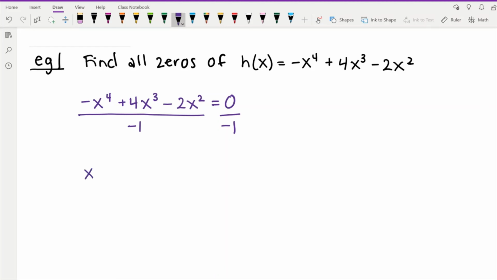And so once we do that, we're left with x to the fourth minus 4x cubed plus 2x squared is equal to 0. And so now we can see what can be factored out. Notice that all of these terms have a common factor of x squared. So I'm going to factor out an x squared from everything, and we'll be left with x squared minus 4x plus 2.